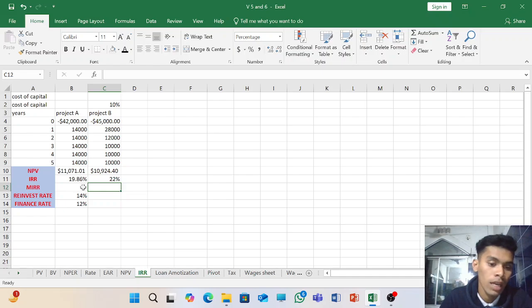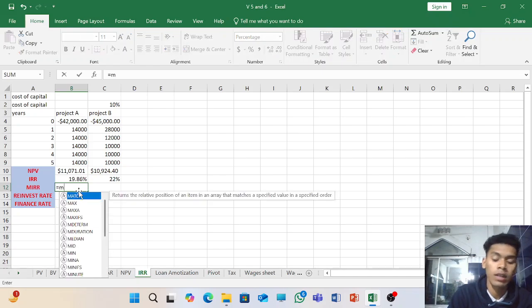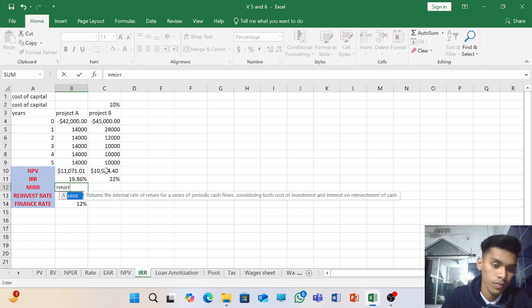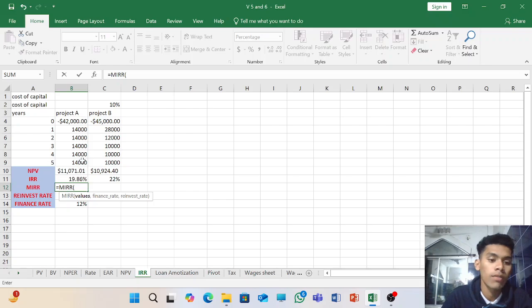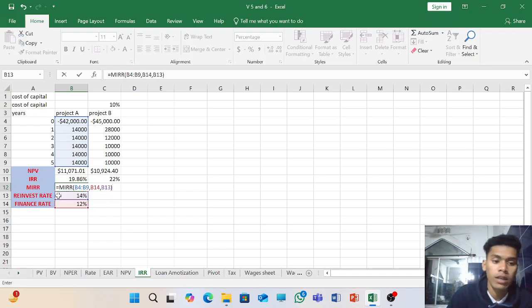Now we calculate the MIRR. The formula of MIRR equal MIRR, double click, and the value, comma, and we need the finance rate, which is 12%, and secondly we need the reinvestment rate, and bracket close and enter.